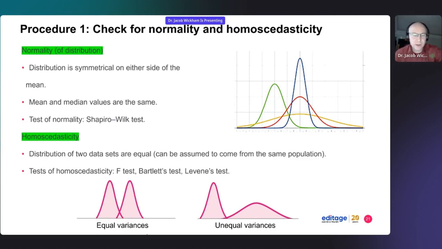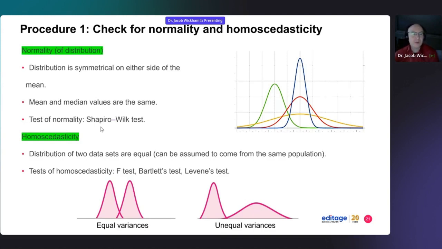If you look on the lower left, these are 2 populations where the means are different, but the variances are equal. Here you can do t-tests or ANOVA. And then there are 2 populations that have unequal variances. I'll explain how to test the assumption of equality of variances.